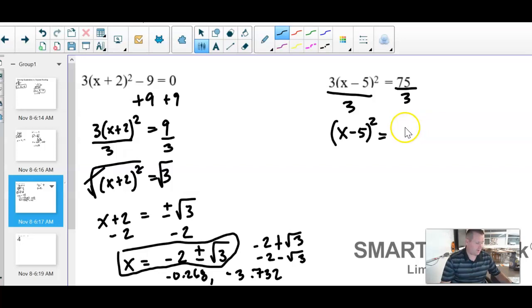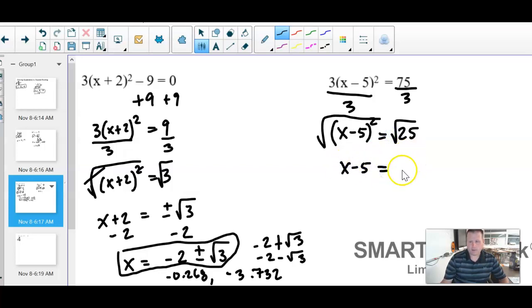Got thinking the wrong way here. So I've got 25 here. And then I'm going to take the square root now because my squared term is isolated, so this will be x minus 5. And then this will be plus and minus 5, because this one simplifies nicely to 5 there.